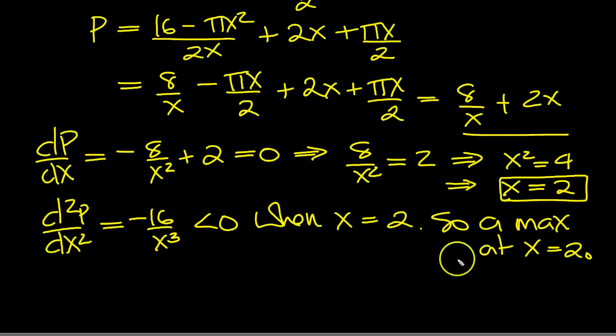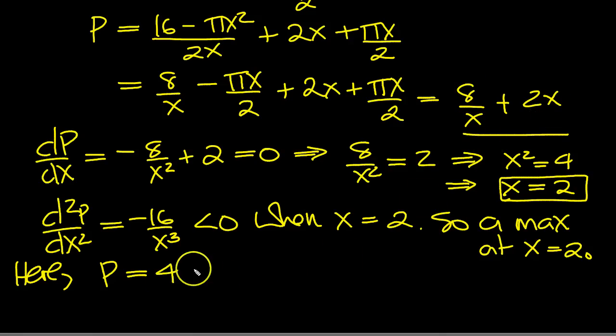So the perimeter P is equal to, putting 2 in, 8 over 2 is 4, plus 2 times 2 is 4, which is 8, and it's 8 meters, because we're dealing in meters.